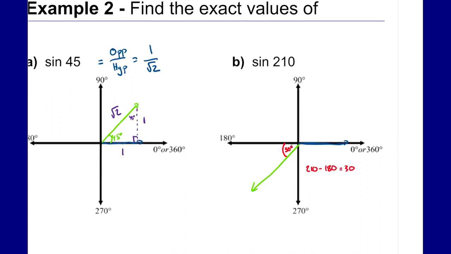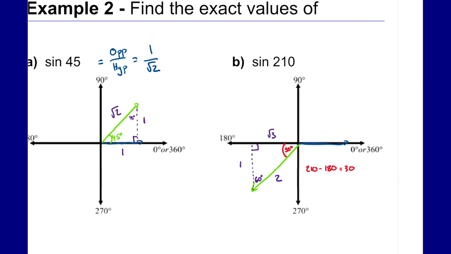So this angle here is 30 degrees, which is one of those special triangles. So if I make a right angle, I know that it should be 30 degrees. That makes this 60 degrees. So then that means root 3, 1, and 2. However, this is not in the same location as we were before.